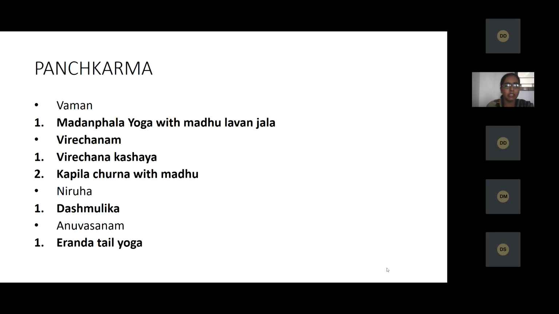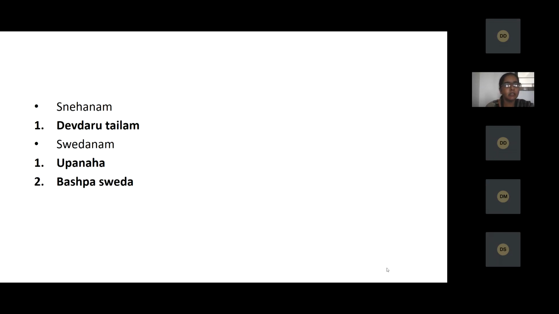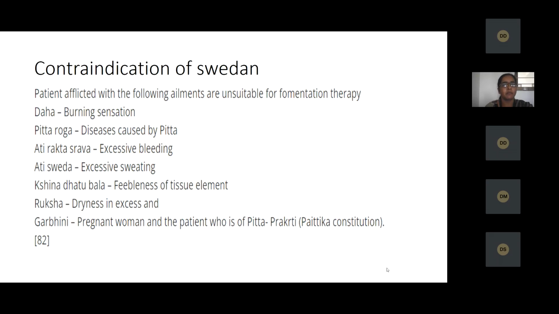Anuvasana basti we can advise with eranda taila yoga or any other taila. For snehana we can use devadaru tailam sneha for that patient. Swedana also: upanaha sweda, bhasma bashpa sweda, and one more, we can apply tila taila with saindhava lavana at the ura pradesha, as explained in our Samhitas, which helps with the sputum in COPD patients.